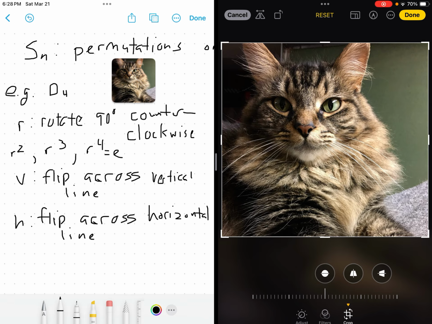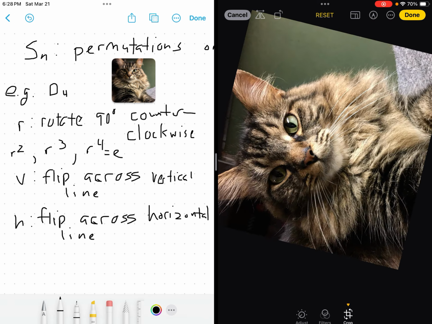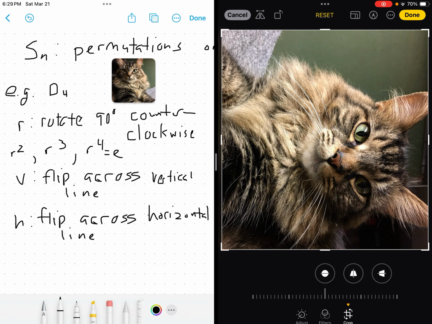If I did do this one rotation and then this flip, what we've actually done, if we compare this to the original, we've managed to flip this diagonally.